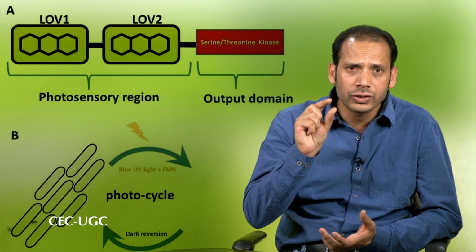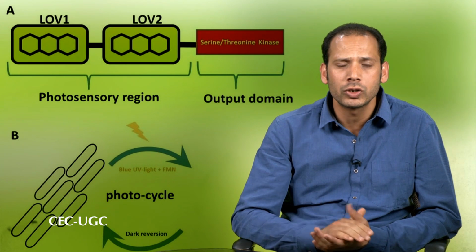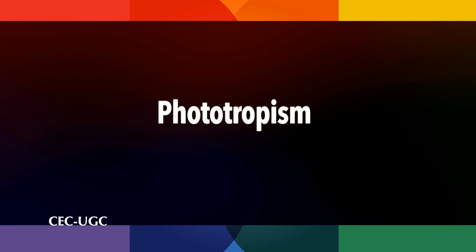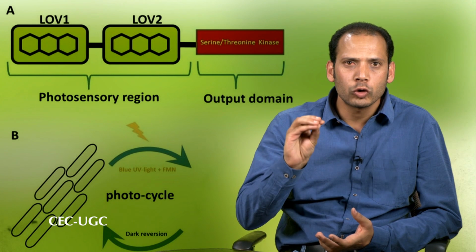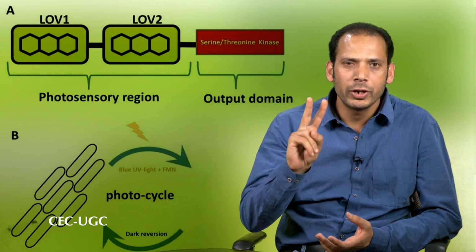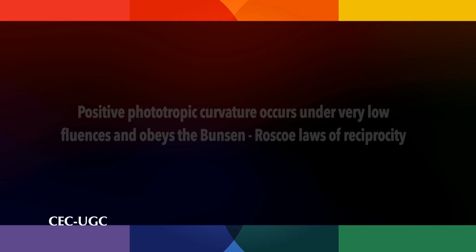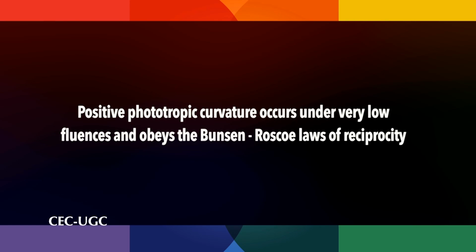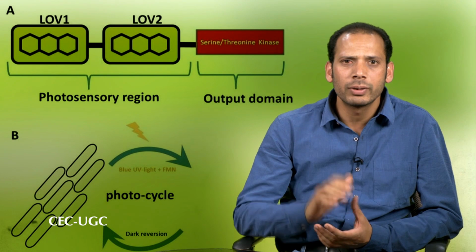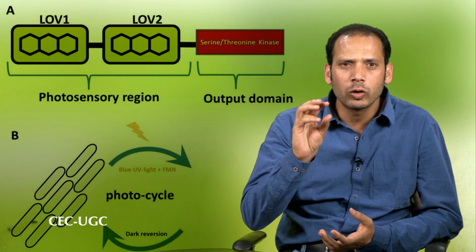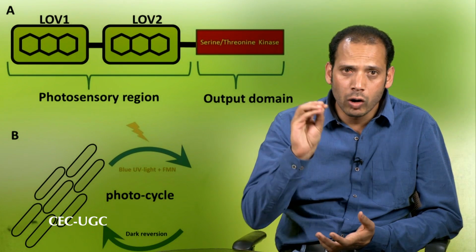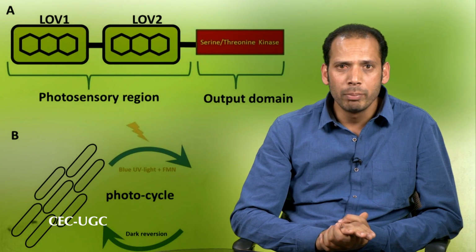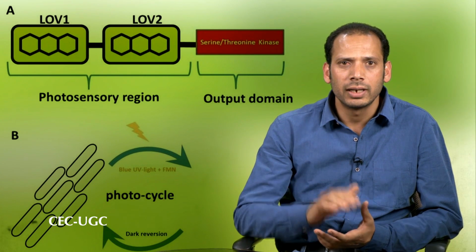The role of phots in initiating the variety of responses is discussed below. Phototropism. The phototropic responses may be separated into 2 distinct stages. First, positive phototropic curvature occurs under very low flux and obeys the Bunsen-Roscoe law of reciprocity, that is, the same degree of curvature is obtained for a given quantity of light, regardless of the flux time combination used to supply the light.